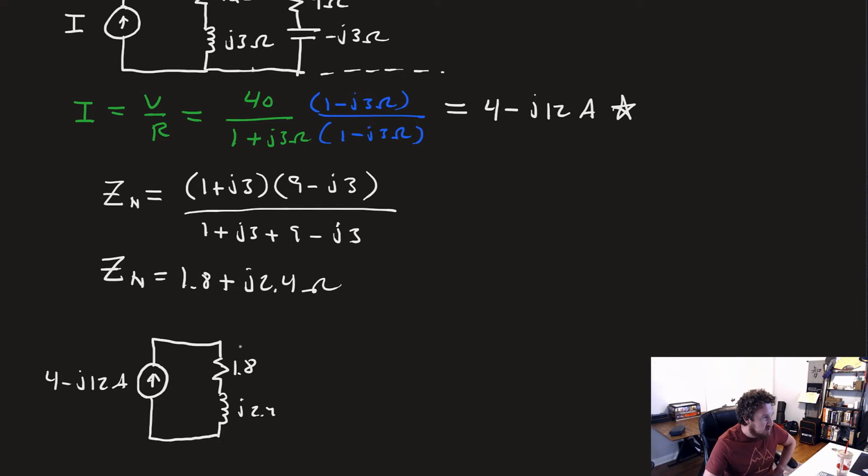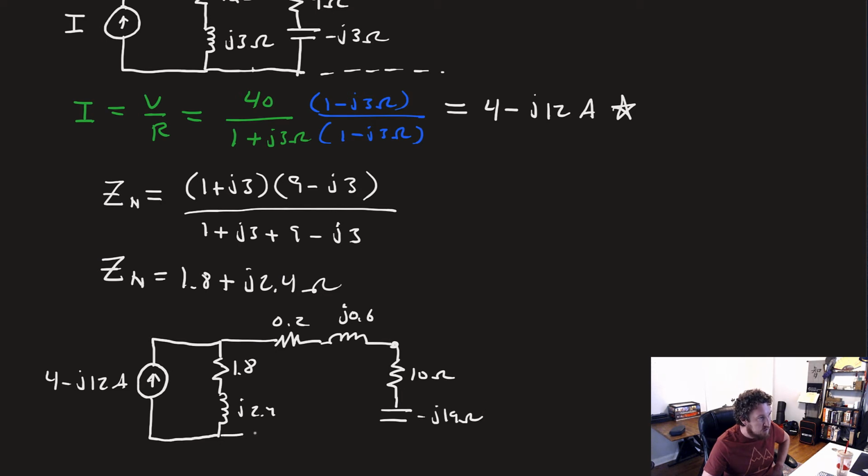Now that is going to be connected to the rest of the circuit, which is 0.2 ohms connected to j0.6 ohms, connected to 10 ohms and minus j19 ohms. And we still have our terminals sticking out there.